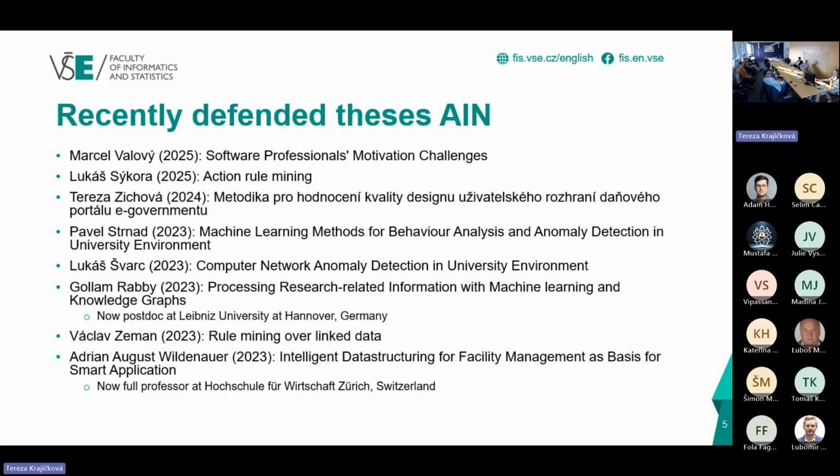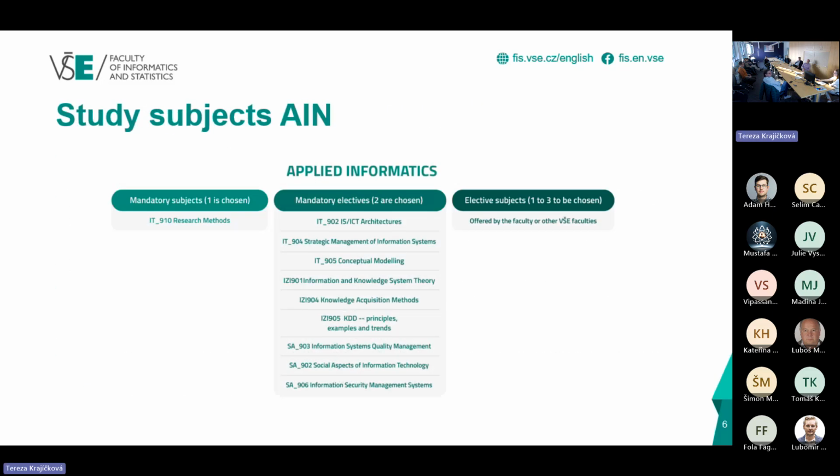So you can see again here that there are some typical keywords like machine learning, data mining, also linked data, but also some topics related to software development or web engineering, and also some business-related topics like applied research in facility management and so on. Yeah, and that's probably all as the most important things.